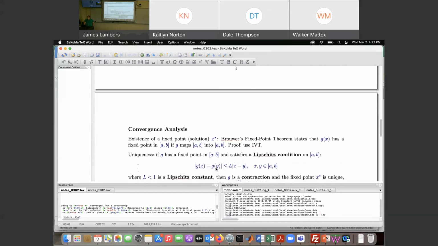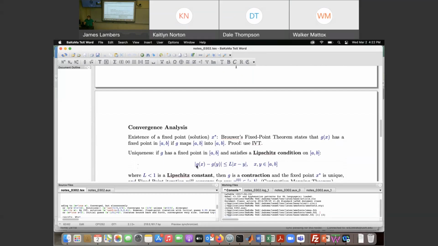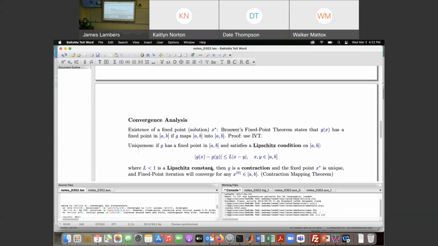If, on top of that, g satisfies what's called a Lipschitz condition, the difference between g values is bounded by a constant times the difference in x values on the interval AB, where the Lipschitz constant L is less than 1, then we say that g is a contraction, and under those circumstances, a fixed point is unique. Fixed point iteration is guaranteed to converge for any initial guess in AB. That's called the contraction mapping theorem.